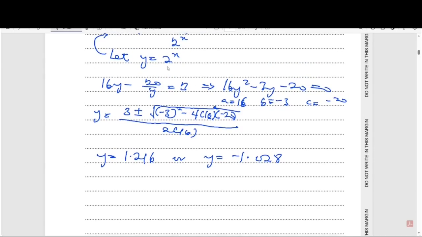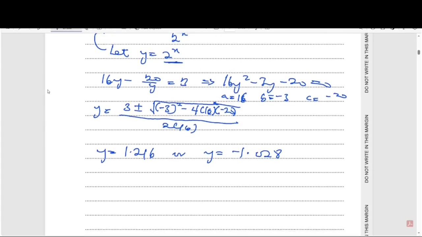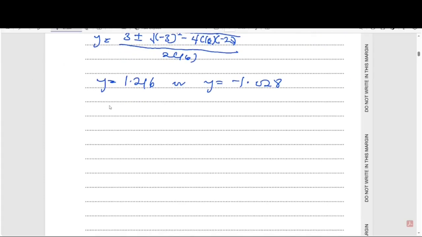We already said let y equals 2^x, so each of these y's has to be replaced by 2^x. So I have 2^x equal to 1.216, or 2^x equal to negative 1.028. Then what do we do here? We take the log of both sides, and you can take log to any base at all.